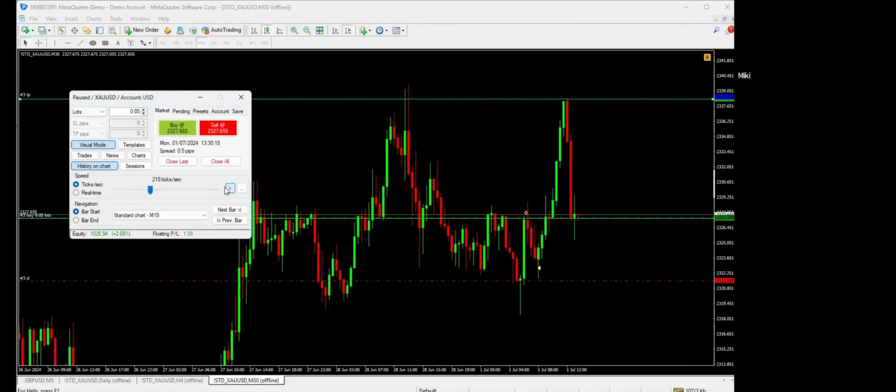Oh my God, it didn't close below. Oh, wow, got a continuation pattern. I'm kind of thinking if this current candle breaks this low, then I'm just going to close the trade. Jeez.